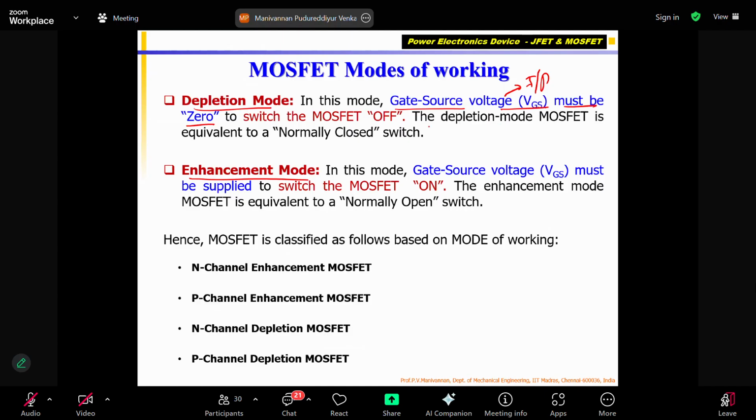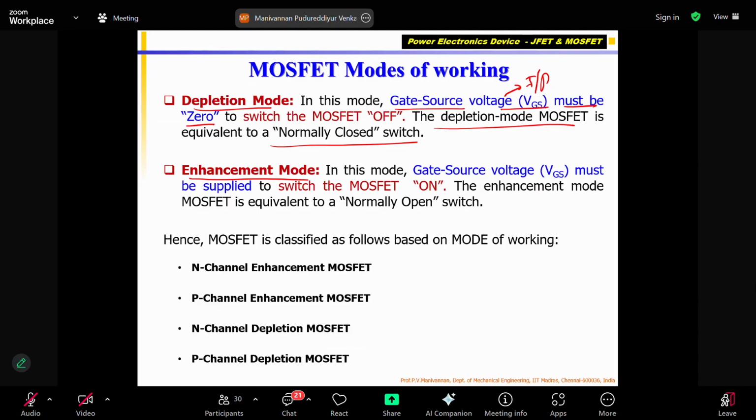I'm going to explain. So that's why depletion mode operation is called a normally closed switch. MOSFET can be used as a switch also. You know that MOSFET can be used as an amplifier, it can be used as a switch, like a mechanical switch on off. Many times in power electronics, we apply square waves to control the current and voltage, which is called switching mode operation, which is called PWM, pulse width modulation.